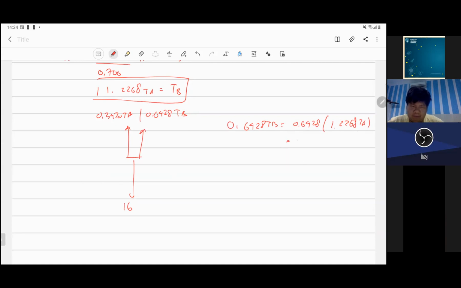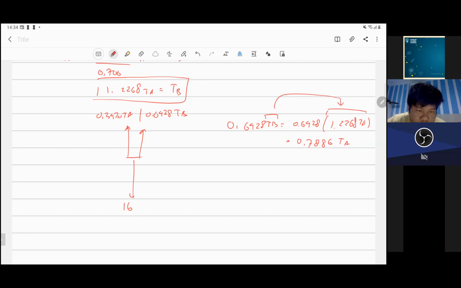So it's going to be 0.7886 TA. Okay. So that means 0.6428 TB equals 0.6428 times 1.2268 TA. The TB here, we are going to change with TA.